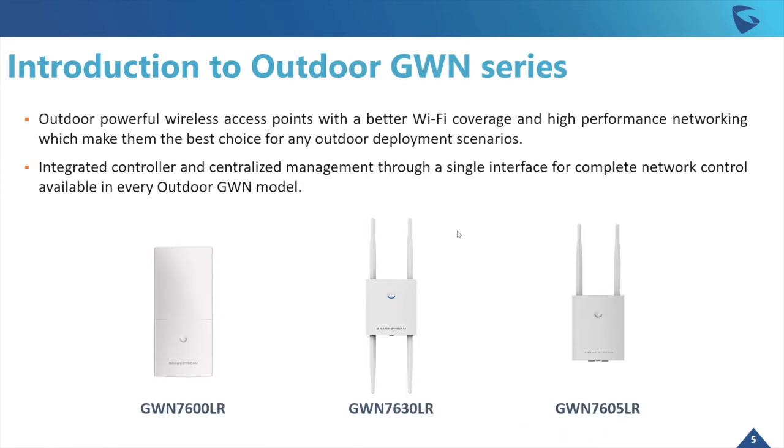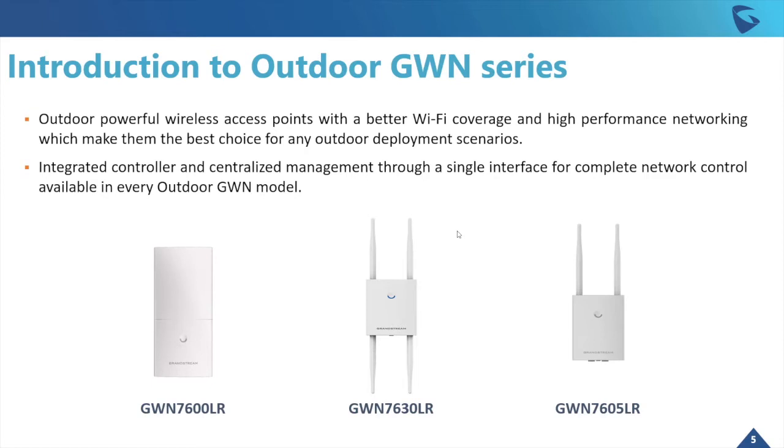For the outdoor access points, Grandstream offers three models: GWN 76LR, GWN 7630LR, and GWN 7605LR. These models are designed to provide extended coverage range for both indoor and outdoor deployments thanks to their powerful antennas and weatherproof design.